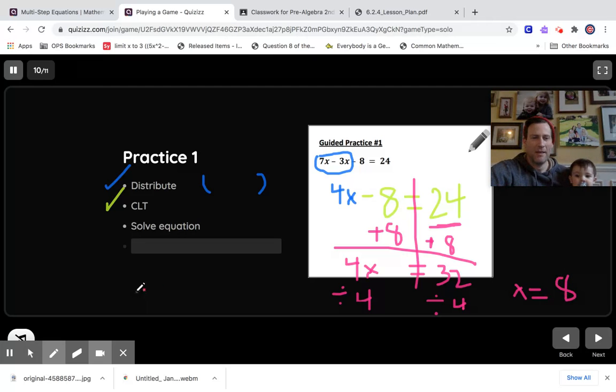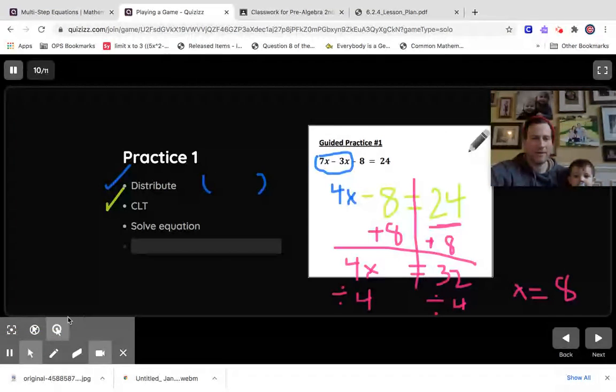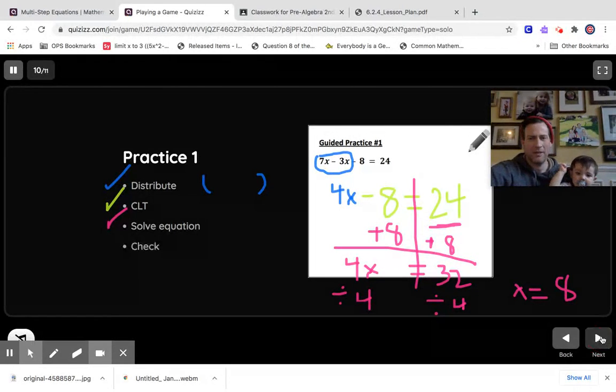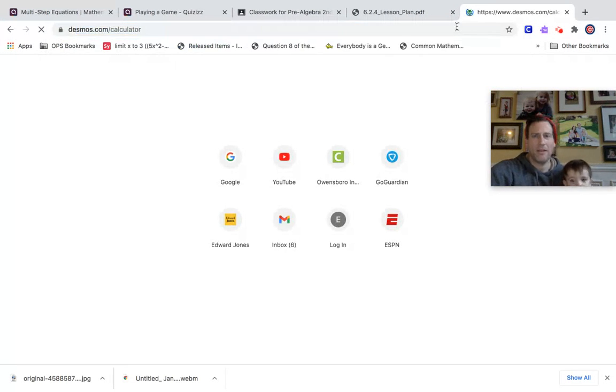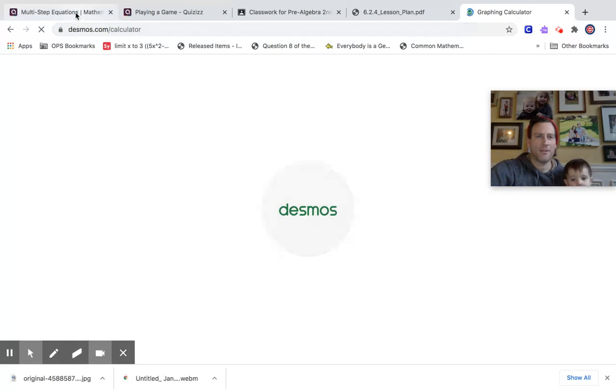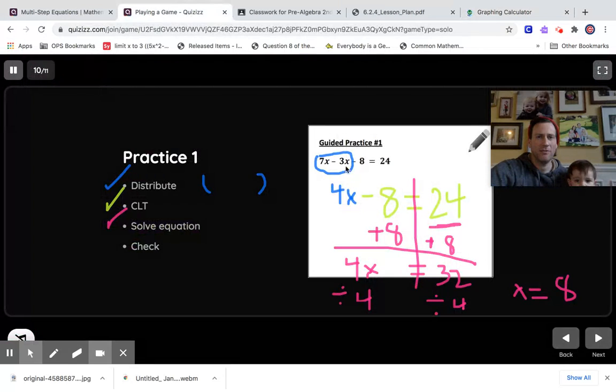Okay. Now I'm not done just quite yet because I finished this one here. What I want to do is check my answer to make sure I get it right. So I'm going to come in here and pull up my Desmos calculator. And I'm going to insert the 8 into my equation.